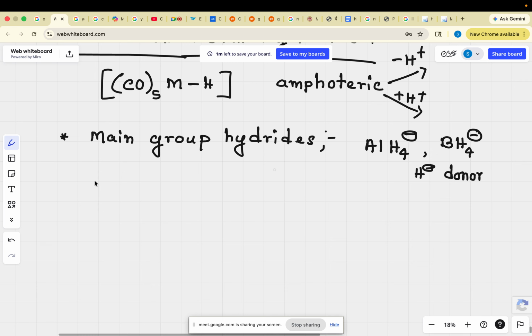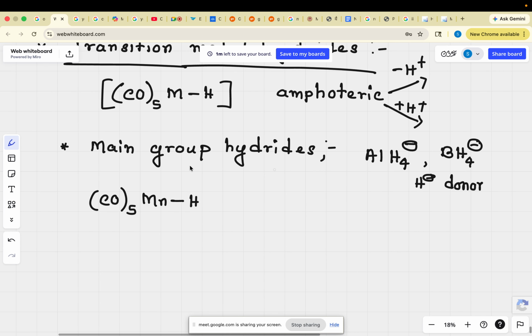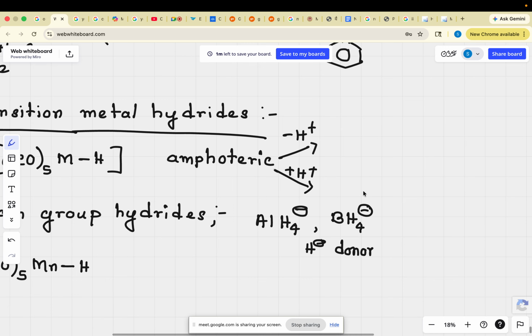So what they are actually asking is, if you have this kind of compound, suppose you have this manganese hydrogen, what can happen? Basically this hydrogen can be released as H plus or H minus. Both are possible. Like an amphoteric solvent, the best example is water.